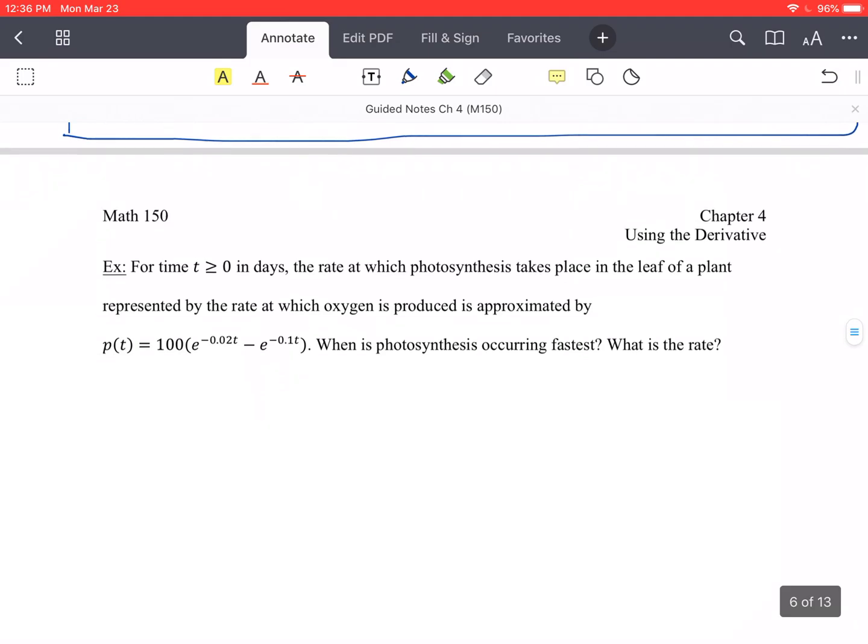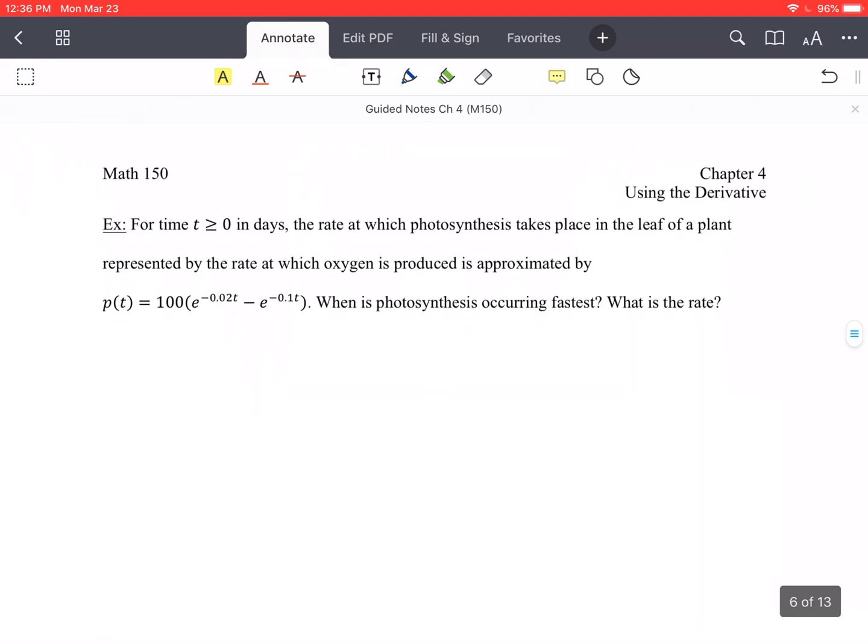Now, one use of the concept of a global or absolute max or min is that oftentimes when we're working with real modeling problems, with real world contexts, we don't want to know that something is just the largest or smallest value in its immediate vicinity. I want to know what the absolute biggest or smallest value is for a function. So along those lines, we're going to look at this biological example.